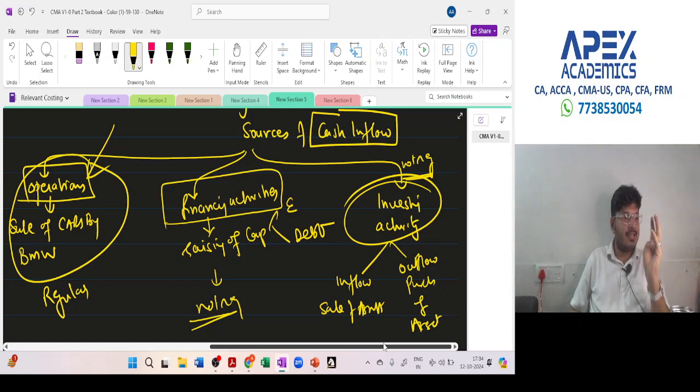Ratan Tata purchased Jaguar Range Rover because he saw potential in their intellectual assets. Ratan Tata purchased Tetley Tea Company. Tata Tea purchased Tetley Tea Company. Tata purchased Chorus Steel. You know what was the speciality of Ratan Tata? He bought businesses larger than his own business.